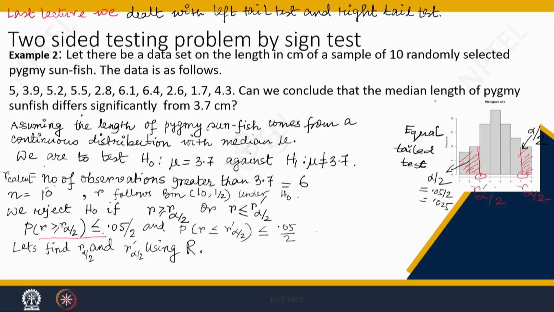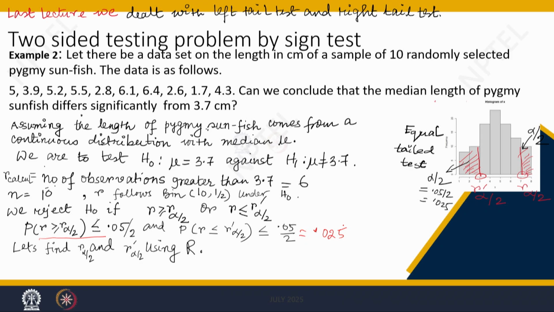Probability r greater than or equal to r alpha by 2 is less than or equal to 0.05 by 2, that is 0.025, and probability r less than or equal to r prime alpha by 2 is also less than or equal to 0.025. Okay, so 0.05 divided by 2 comes as 0.025.